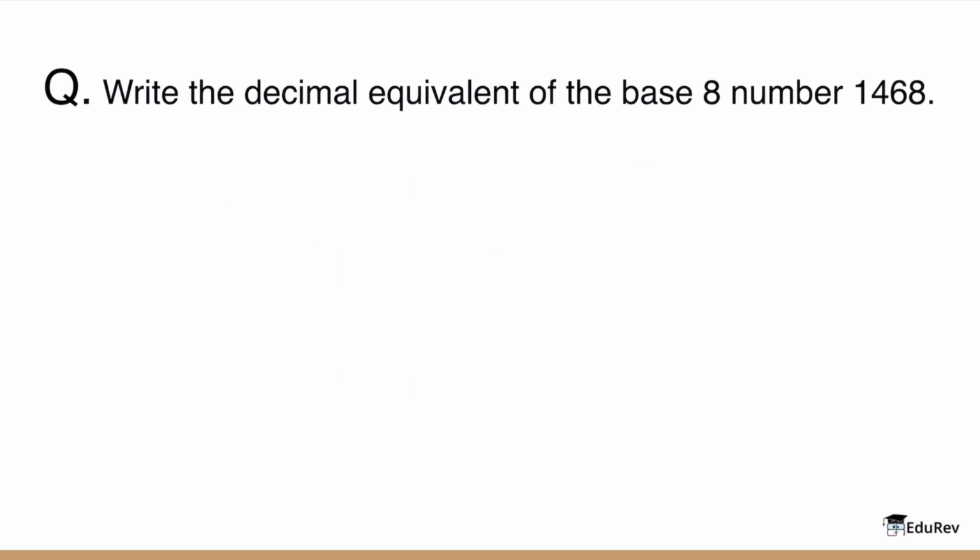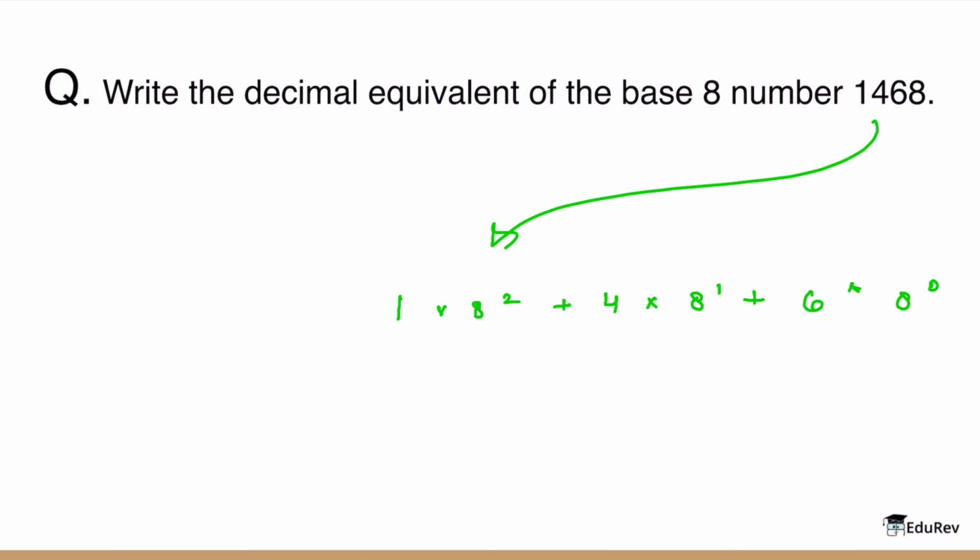Okay. So next, here's a question, and they are saying that we have to write the decimal equivalent of the base 8 number, which is nothing but 146 in base 8. It's pretty simple. Can I write 146 as 1 times 8 squared plus 4 times 8 to the power 1 plus 6 times 8 to the power 0?